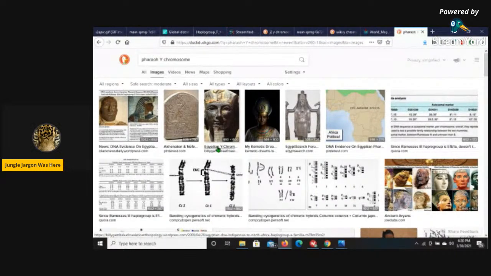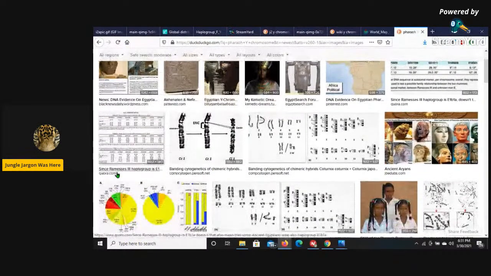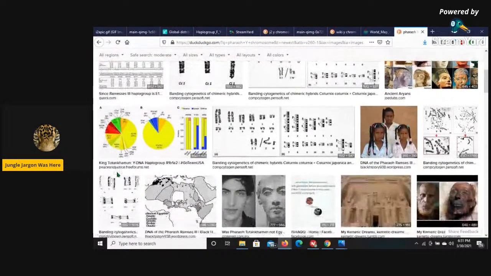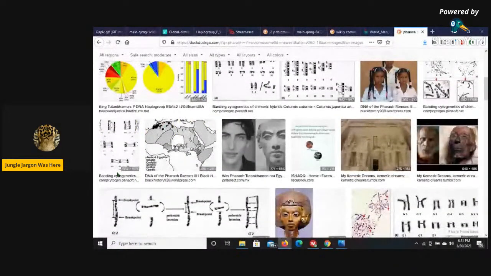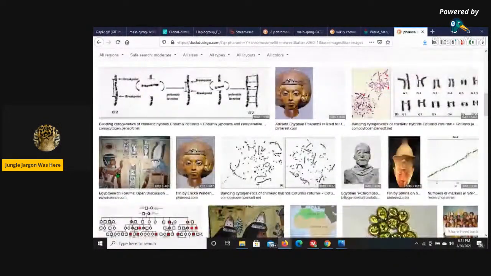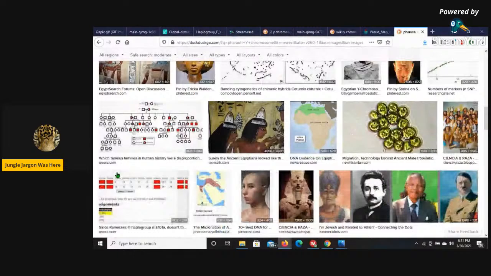I wish they had it more organized here, like a table where they show all the pharaohs and everything. But I guess it's asking for too much.